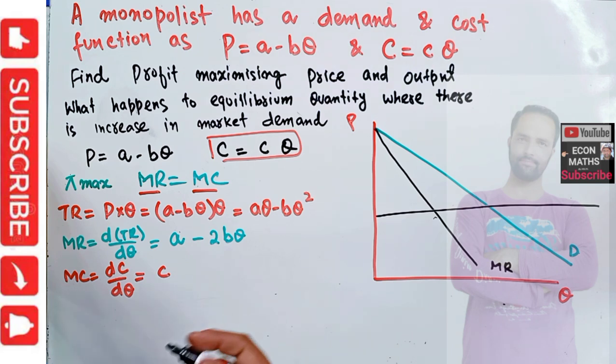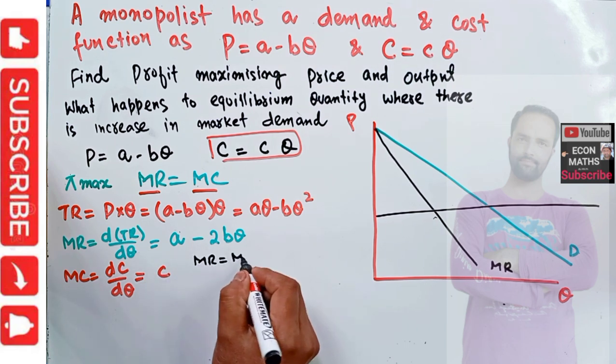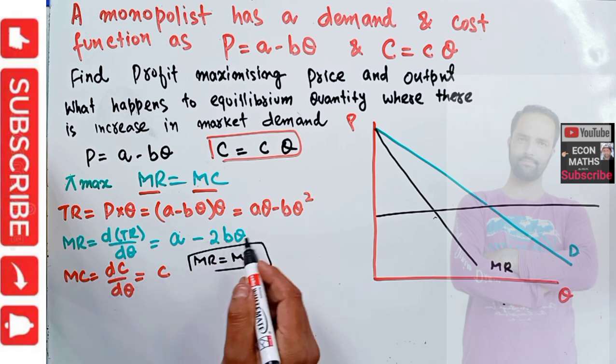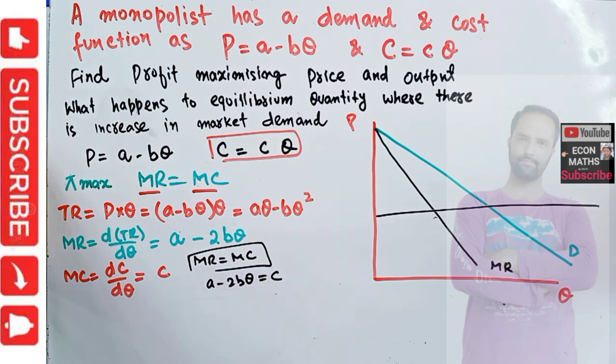Now what is the profit maximizing output? Equating marginal revenue with marginal cost. Marginal revenue is A minus 2BQ, which is equal to C. Solving for Q, we have 2BQ is equal to A minus C. Yes, I am doing it correctly.